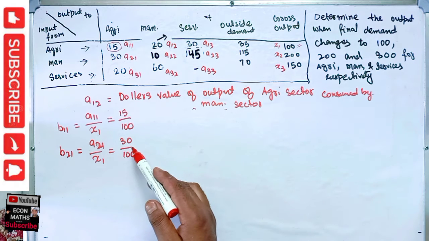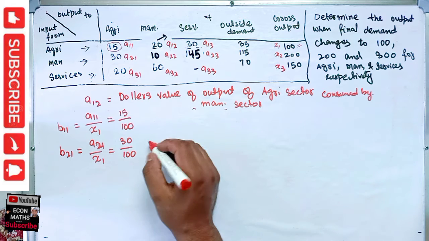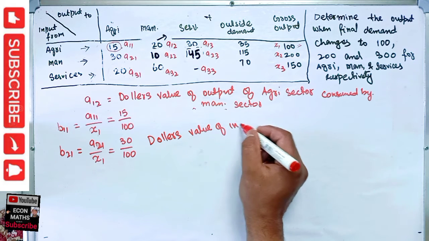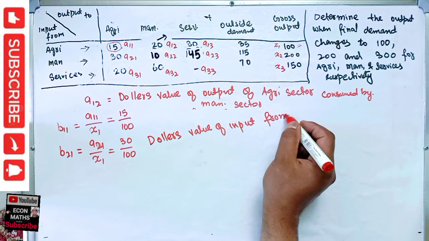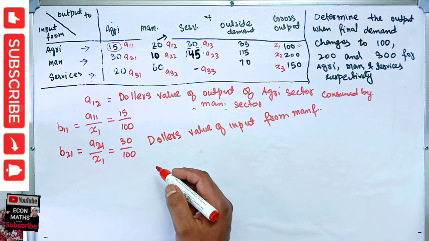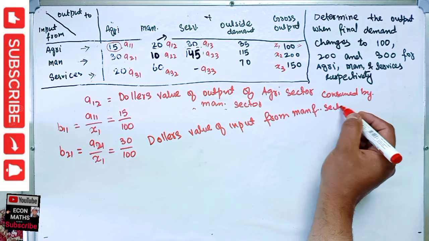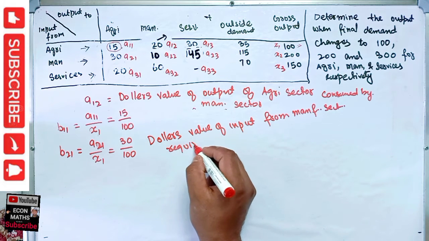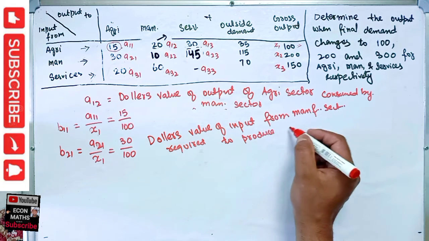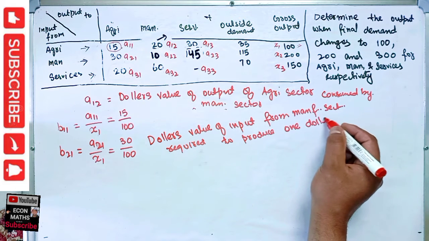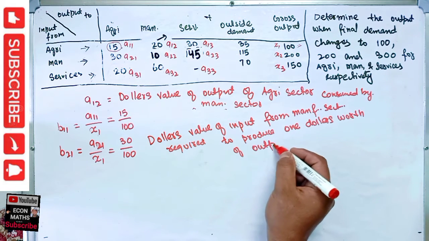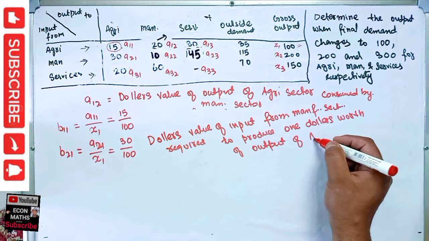That is, it shows us the dollars value of input from the manufacturing sector required to produce $1 worth of output of the agriculture sector.